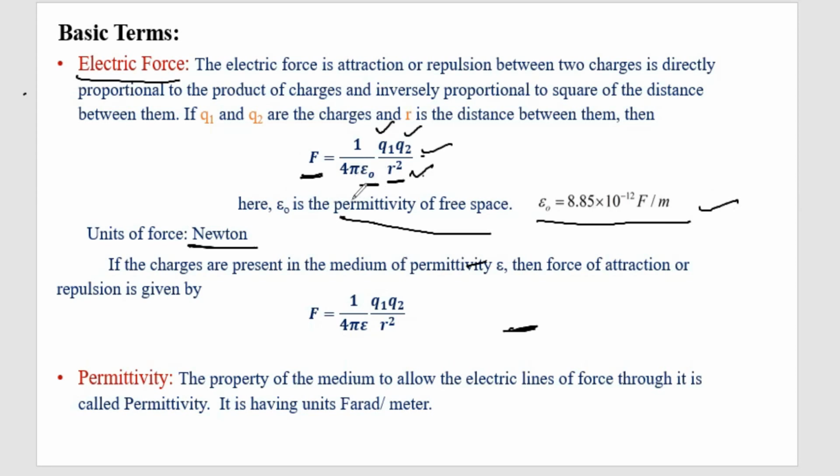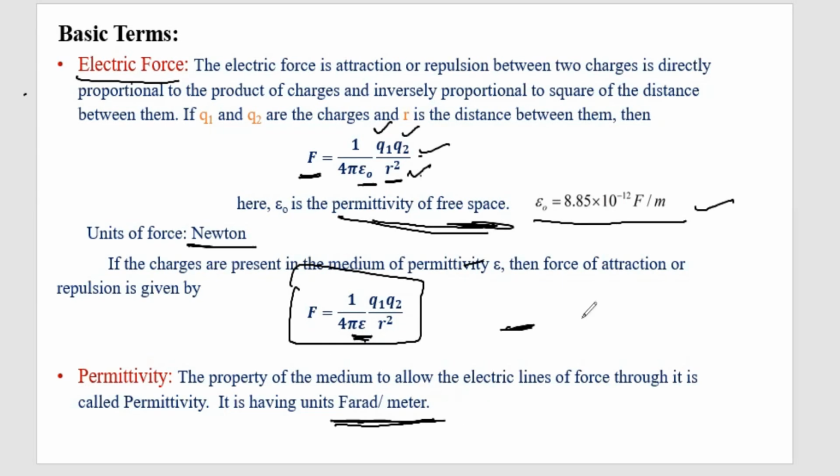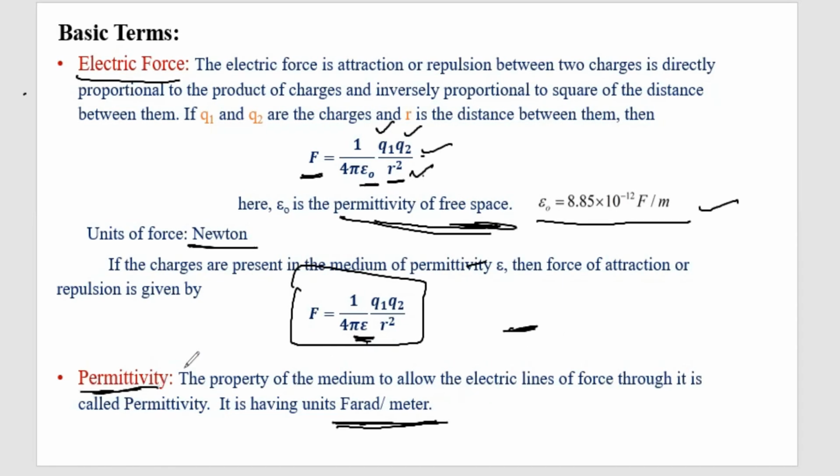Here epsilon naught is the permittivity of free space. If a medium is placed between the two charges, then F is equal to 1 by 4 pi epsilon Q1 Q2 by R square, where epsilon is the permittivity of the medium. The unit of this permittivity is farad per meter. What is this permittivity? Suppose a medium is there.